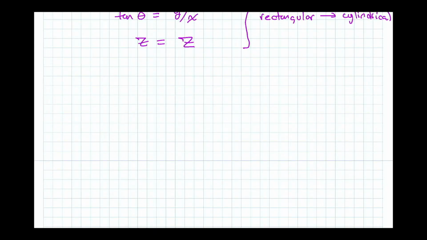So here's an example. Convert 5 pi over 6, 4. Oh, hold on. Sorry. I copied the wrong question here. I could have used that one, but I'm changing it. 4, 2 pi over 3, comma, negative 2.